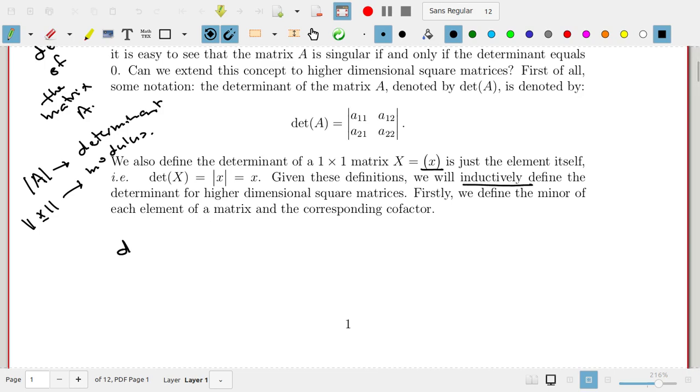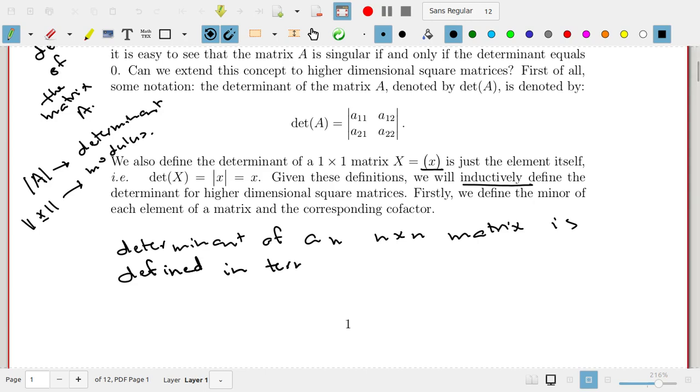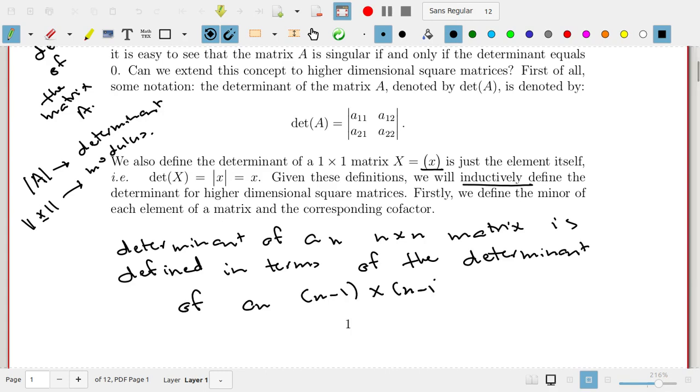This means that the determinant of a 3 by 3 matrix, for example, or of an n by n matrix, is defined in terms of the determinant of an n minus 1 by n minus 1 matrix, and so on and so forth.